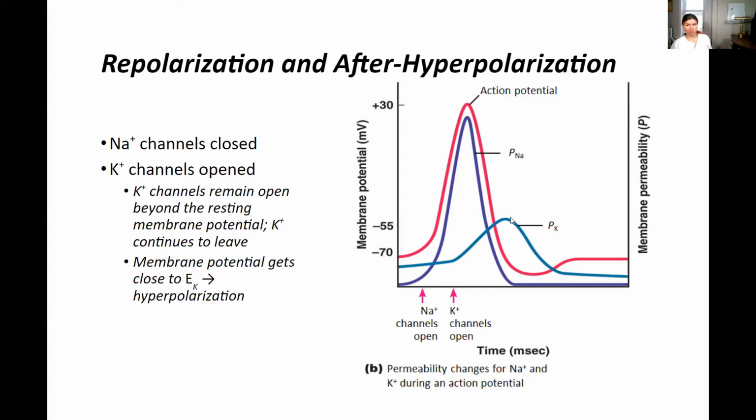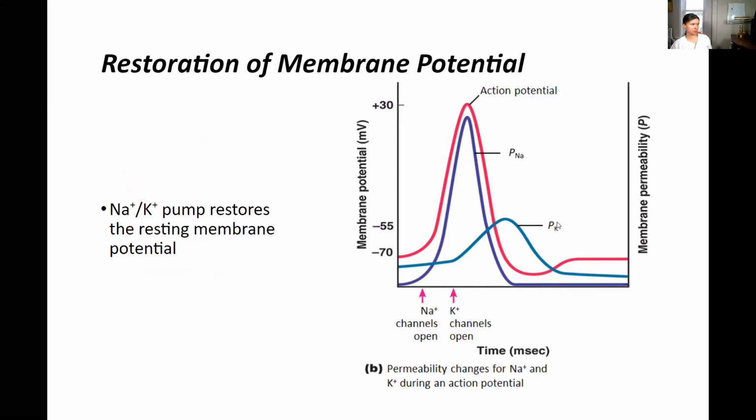Since we're a little more permeable to potassium, we're a little closer to the equilibrium potential for potassium than we usually are, which means we're hyperpolarized, a little more negative than usual. So that's what's happening in this dip after our action potential. And this is important as we start to think about how frequently our action potentials are going to fire off. We'll talk about that in a second. But eventually, we're going to get back to normal.